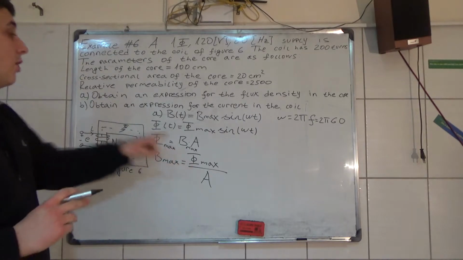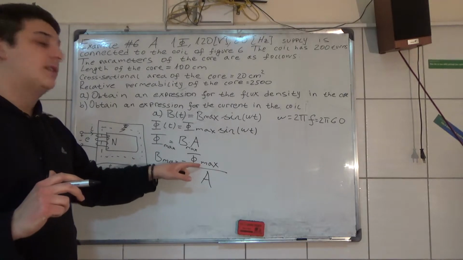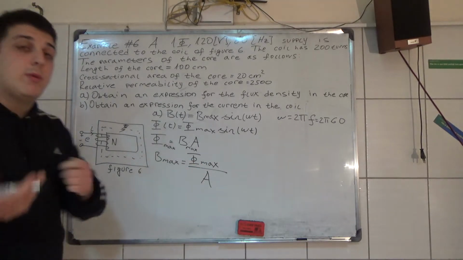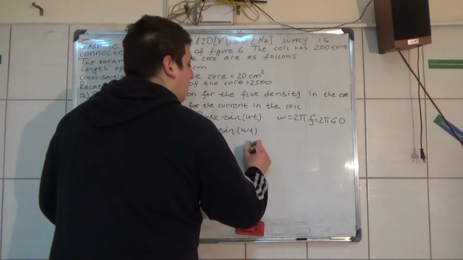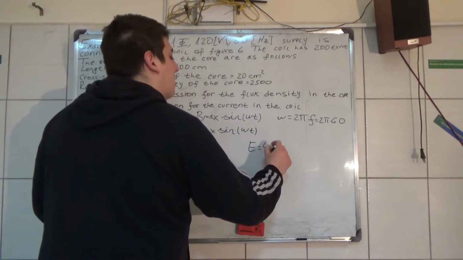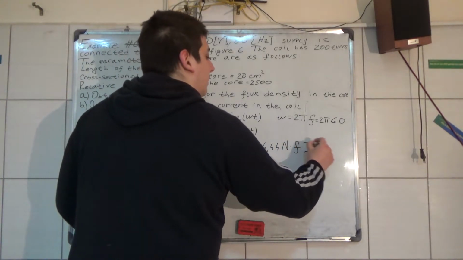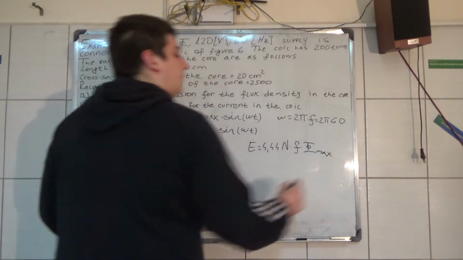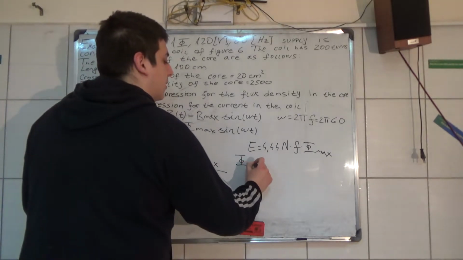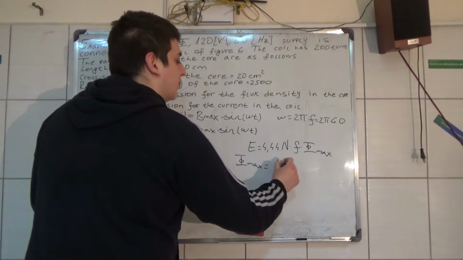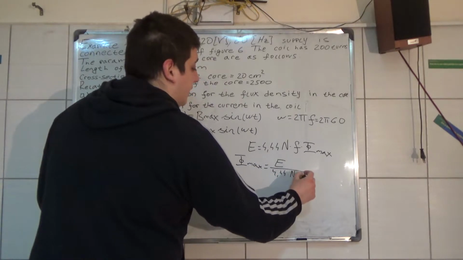So we have the area of the core, it is equal to 20 centimeters squared, but we need the flux maximum, the amplitude of the flux. And how can we measure that? Well, in the previous video we saw that the induced voltage is equal to 4.44 N times frequency times the maximum flux. And then the flux maximum is equal to the induced voltage divided by 4.44 times number of turns times frequency.